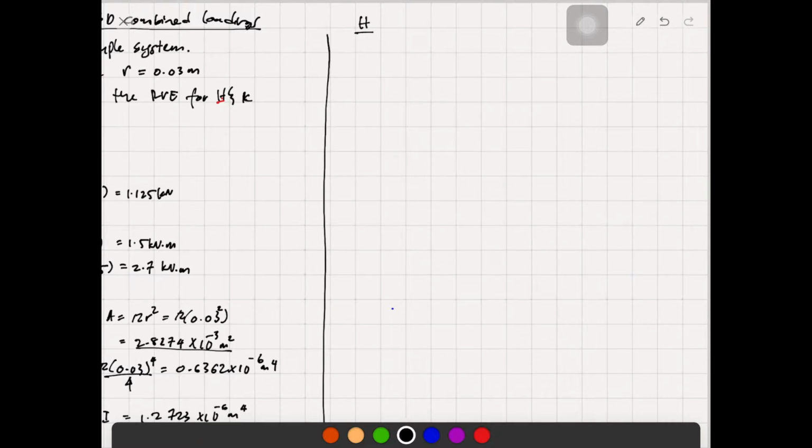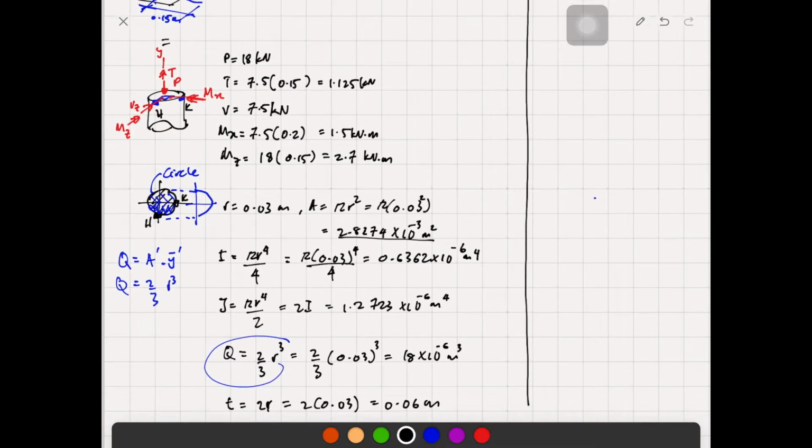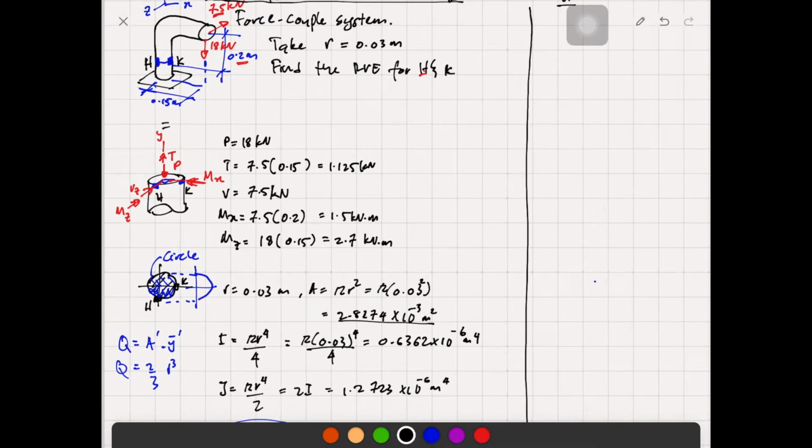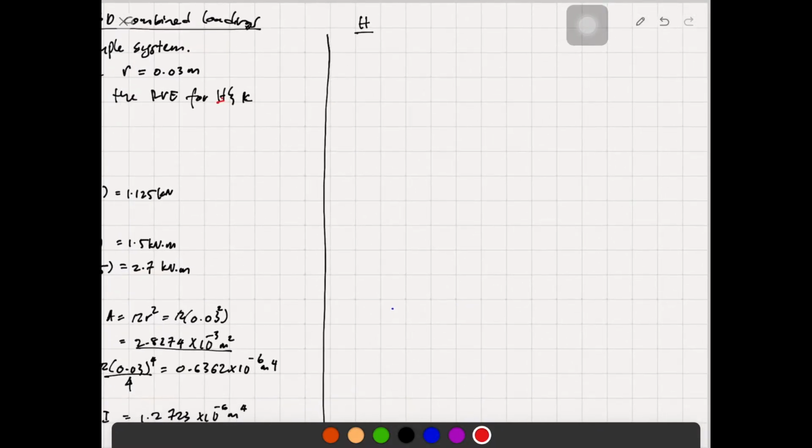Now the point H is where we are trying to come out with the stress element. We are focusing exactly on this point here. This will require your imagination, so focus on that.